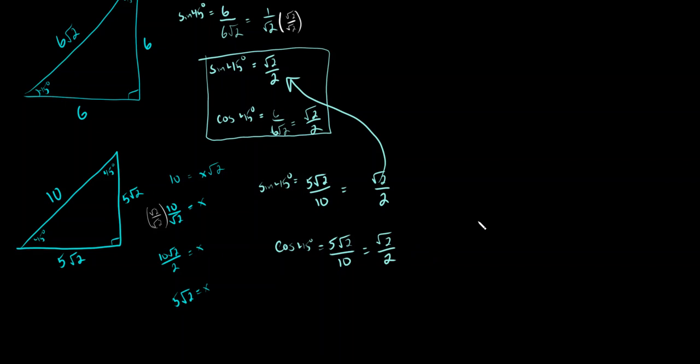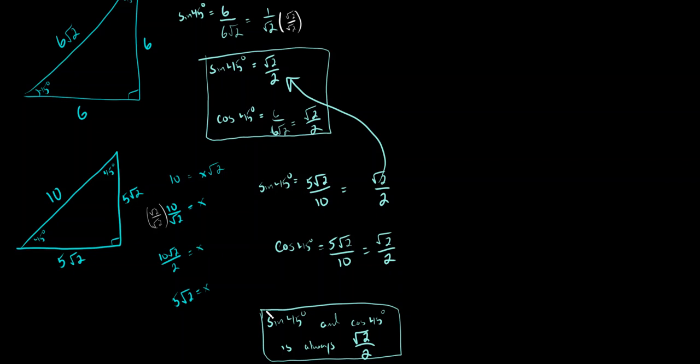That's very, very important, especially once we get to something called the unit circle. You need to remember that sine of 45 degrees and cosine of 45 degrees are always root 2 over 2 every single time, because trig ratios are consistent for an angle.